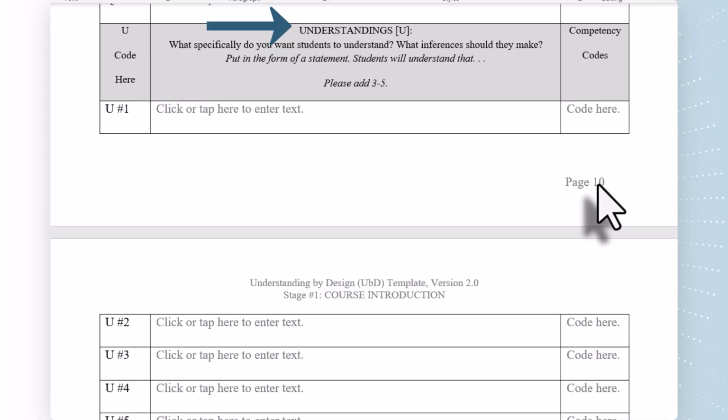Each essential question could have multiple understanding statements. Therefore, the amount of essential questions from above will not directly relate to the amount of understandings listed in this section. As always, we're tying each understanding statement to a competency code that connects to all other sections from above.